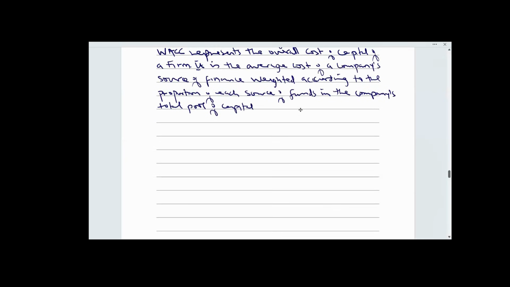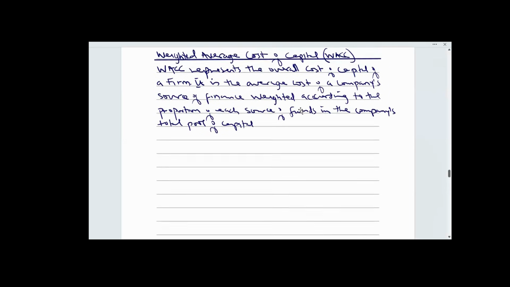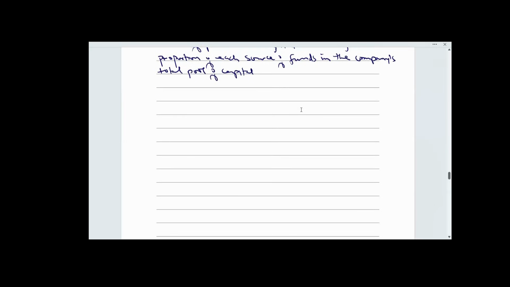We said that is the average cost of a company's finance weighted according to the proportion of each source of funds or capital in the company's total pool of capital. This is what we are saying.